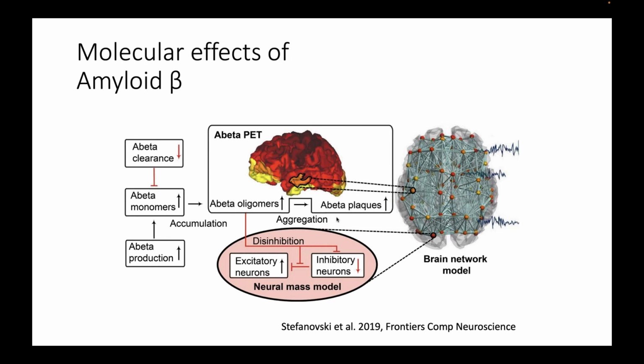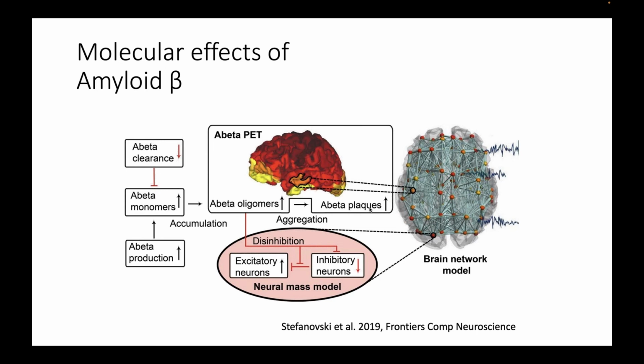Independent of the question of whether this is an effect of neurodegeneration or itself leads to neurodegeneration, we know a lot from in vitro studies about what effects amyloid beta has on neurons.